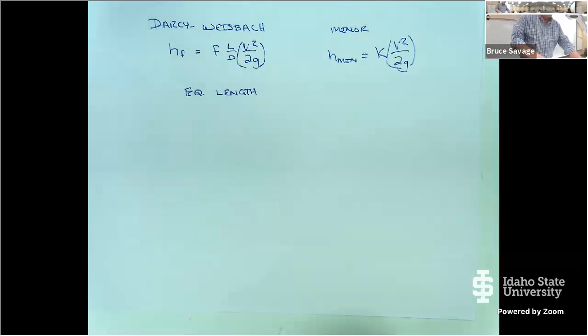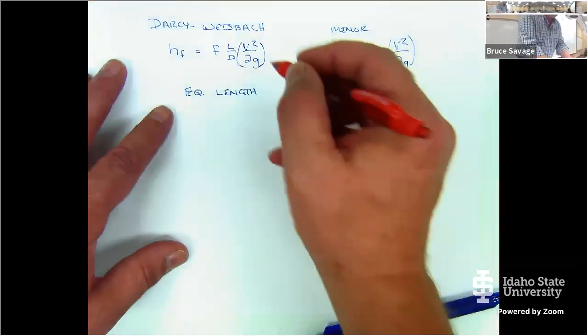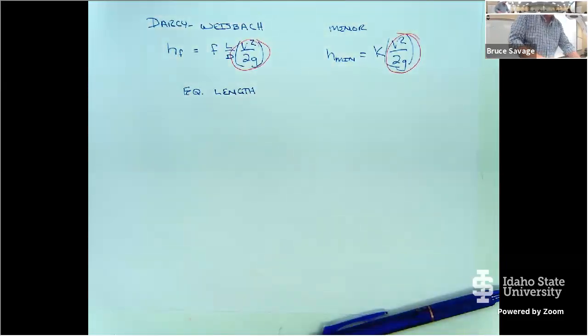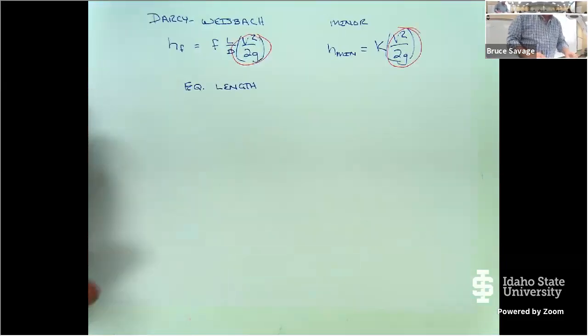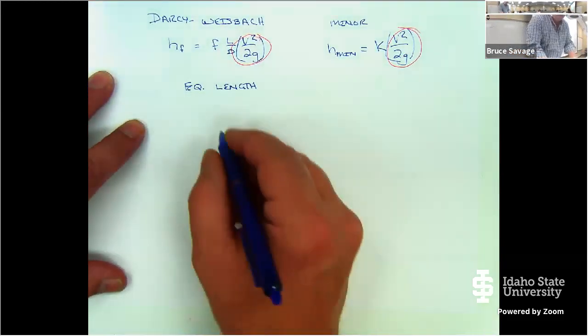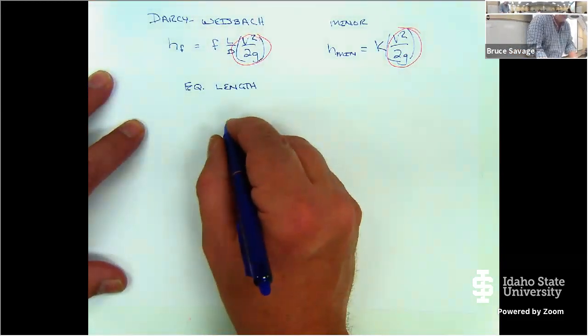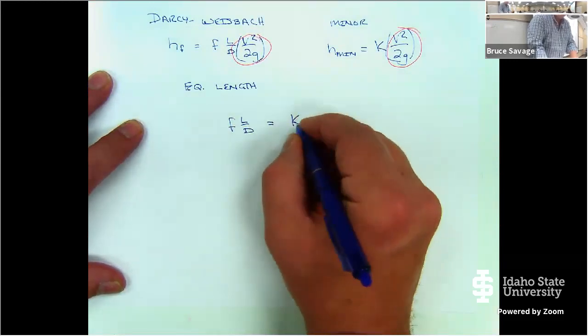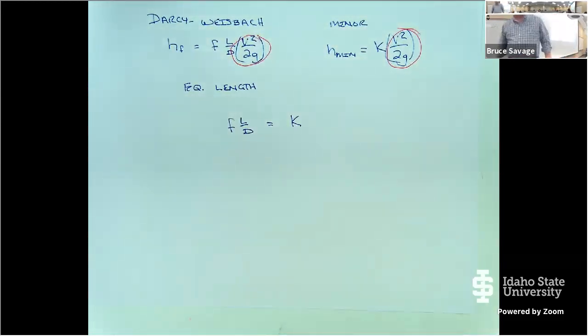So look at this. If my velocity head is the same, I can now equate f times L over D is equal to K. So if I'm trying to find equivalent lengths for my Hazen-Williams equation, and I know it's a pipe elbow, I go to the chart, I look up K, got it.